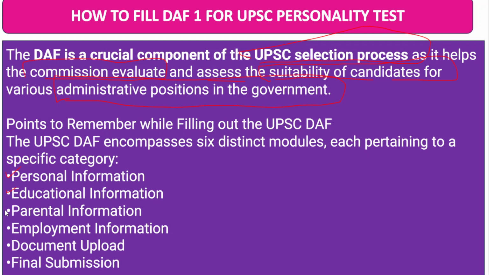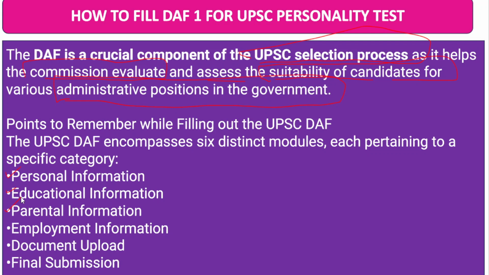Now after that, the parental information is also very important. For example, your parent may already be a civil servant, or a doctor, or a farmer. If your parent is a farmer, you can expect questions such as why farmers earn a lower income, and why the condition of Indian agriculture is comparatively poorer than China's.